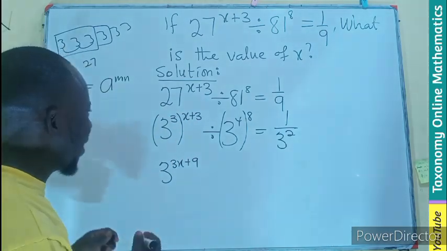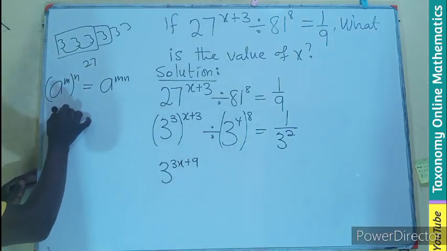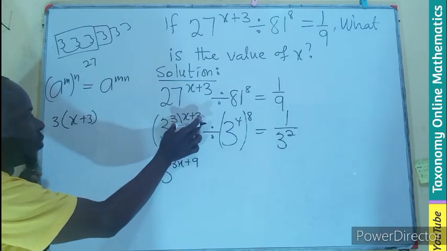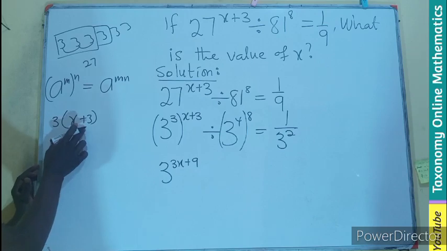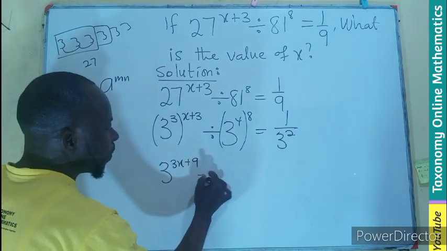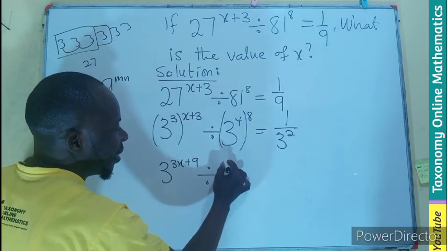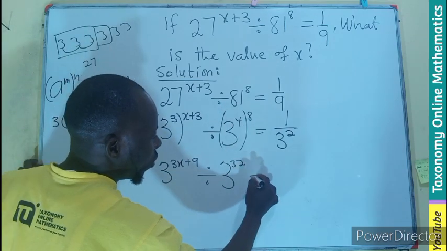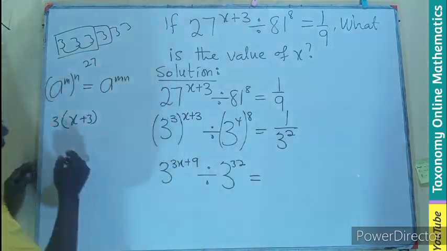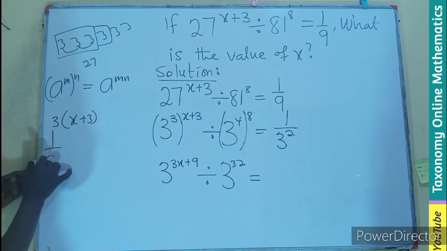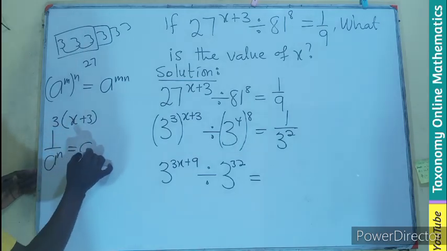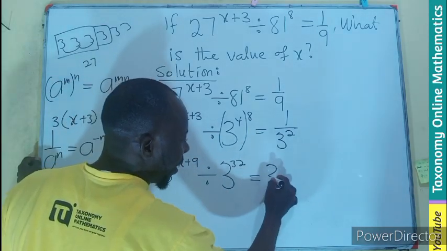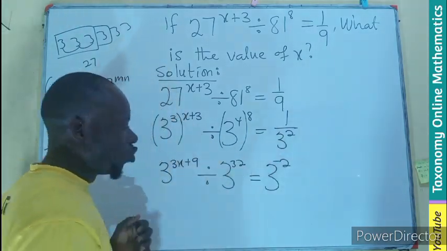So I also suggest you write it this way: 3 into bracket x plus 3, so that you know that you are going to expand the bracket. Then divided by 3 exponent 4, 8, 32, equals to, we remember 1 over a exponent n is a exponent minus n. So this becomes 3 exponent of minus 2.